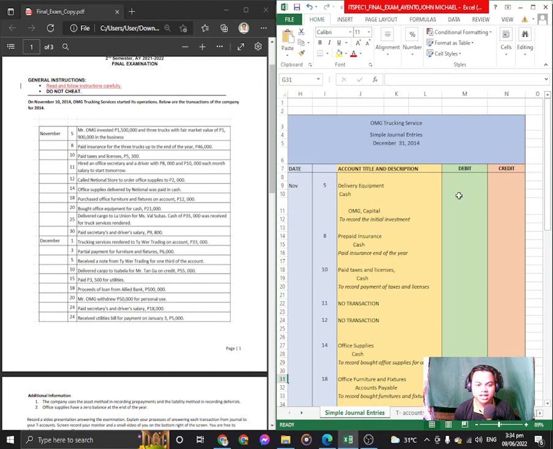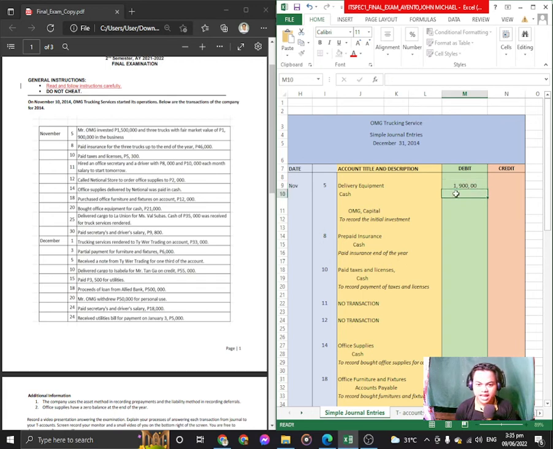Then we just identify the amount and where it belongs, debit or credit. So, November 5, Mr. OMG invests 1,500,000 and 3 trucks with a fair market value of 1,900,000 in the business. Pesos, sorry. For the delivery account, we have 1,900,000 pesos.